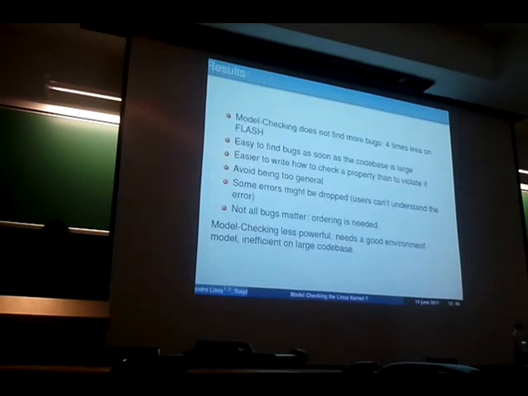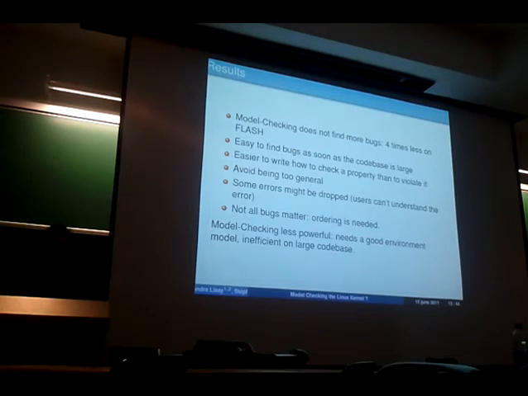And the results are quite strange at first. They state that model checking did not find as many bugs as expected. They expected model checking to find more bugs than static analysis.